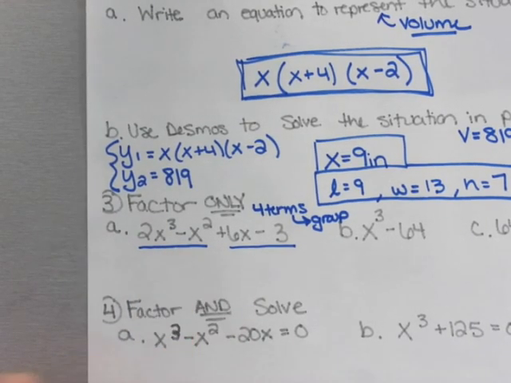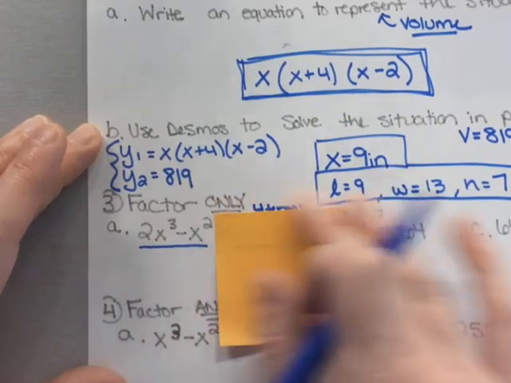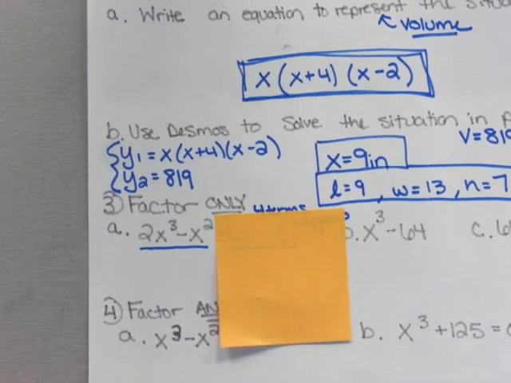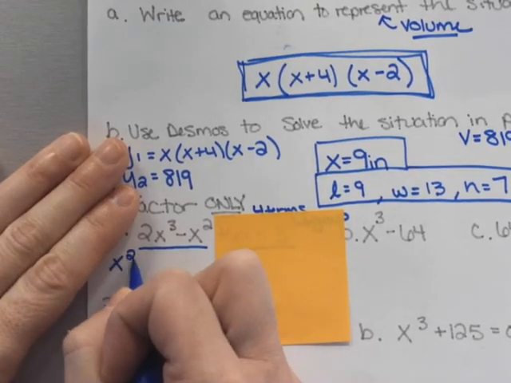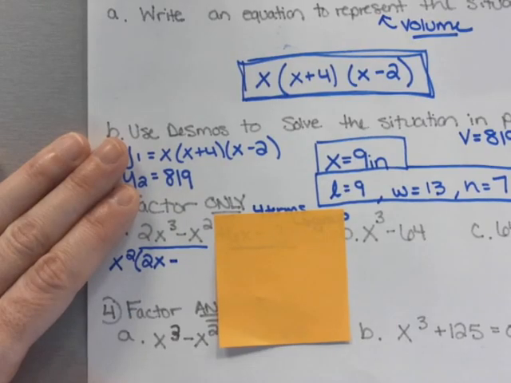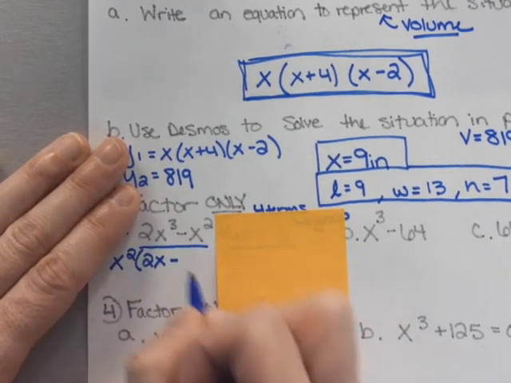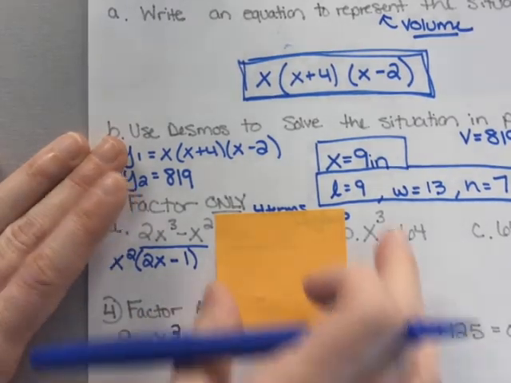All right, if I ignore the second part for a minute, what can I take out of the first 2 terms? X squared. If I take out an x squared, I'm left with 2x minus what? 1. Yep. Okay.